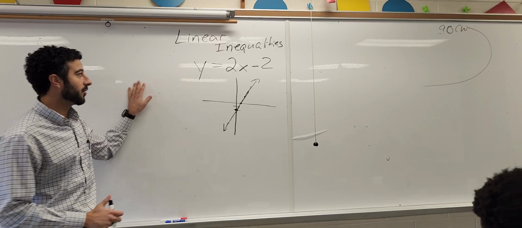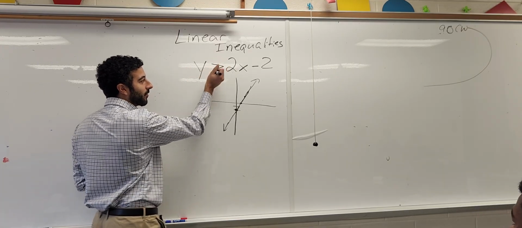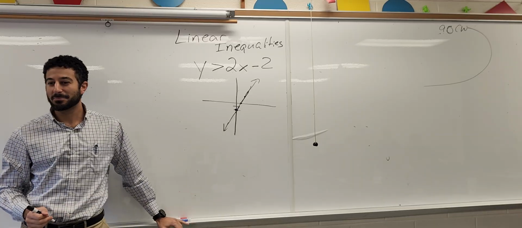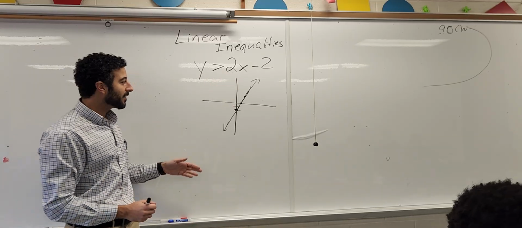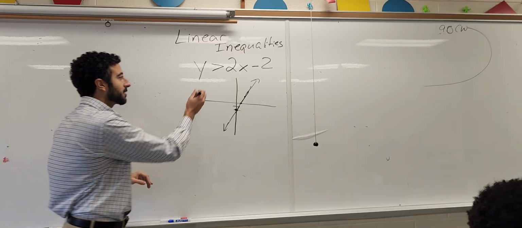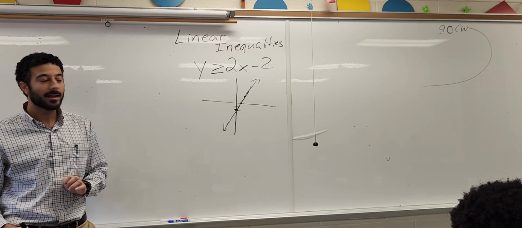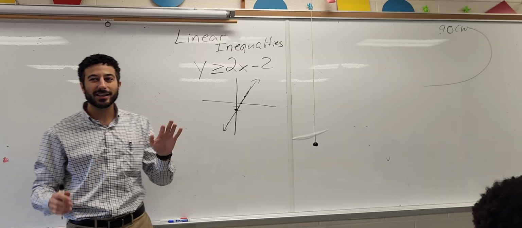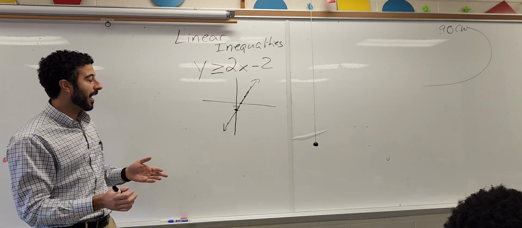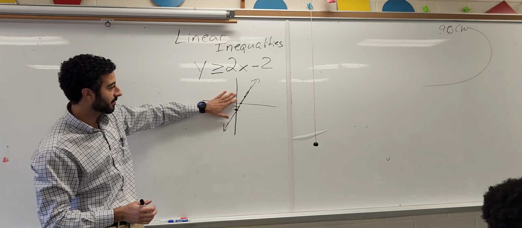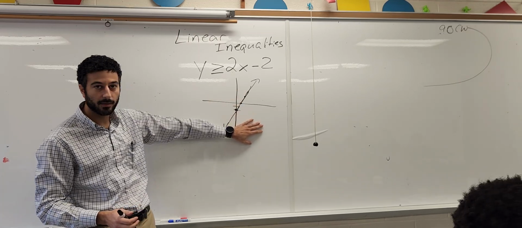But is this an inequality? It's not an inequality. You know how I can make it an inequality? Did you guys even think that was possible? Have you seen this before? So now, instead of just graphing the line, let's make it greater than or equal to for the purposes of this problem. I'm going to shade part of the graph, either above the line or below it.